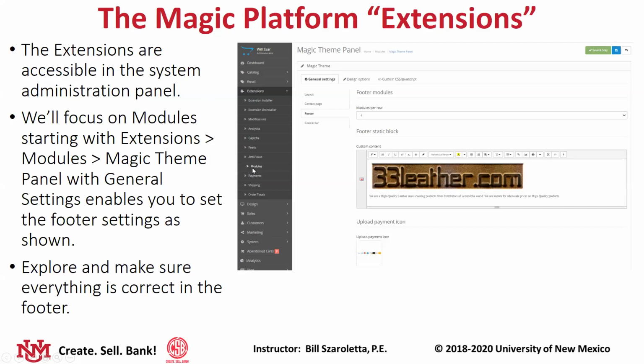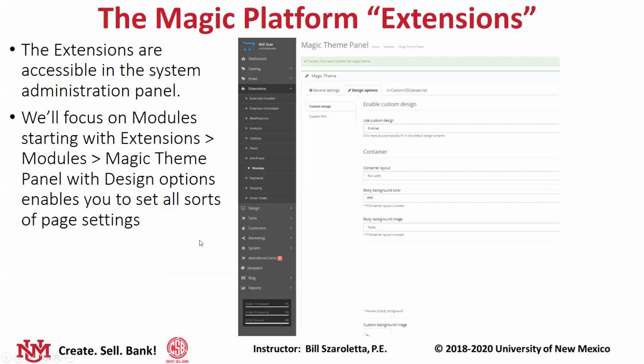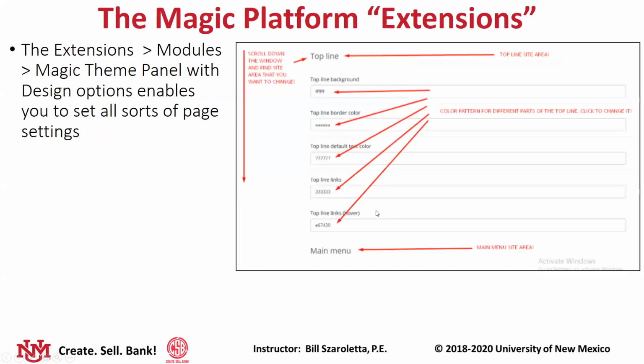And the first thing is you get to general settings. So you can set the logo that's down in the footer and any text that you want. You can set up this background color, various things like that. And then now the design options. This gives you kind of the top line area.